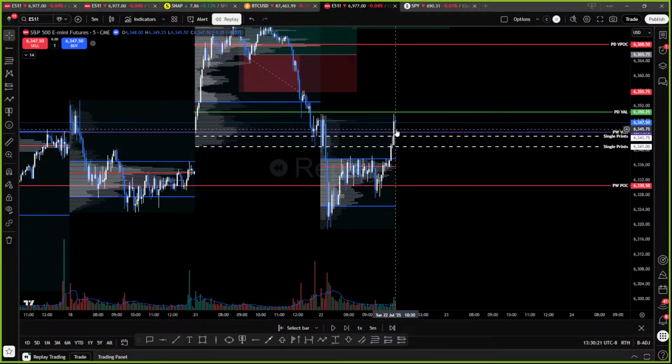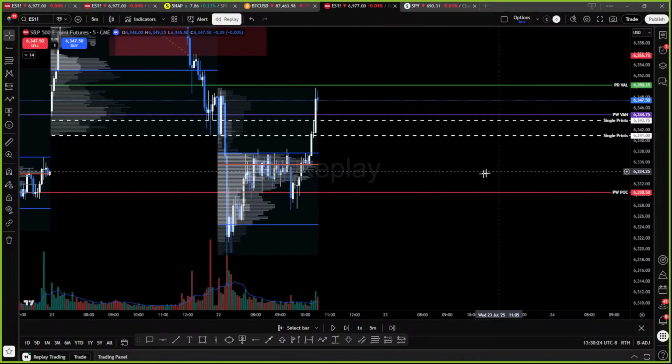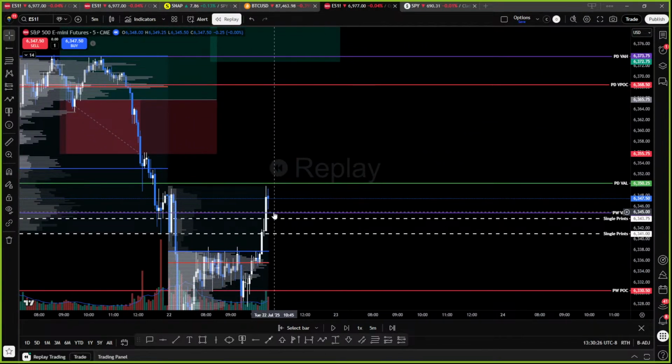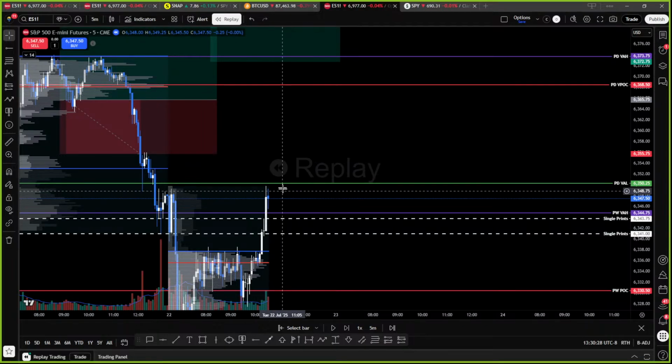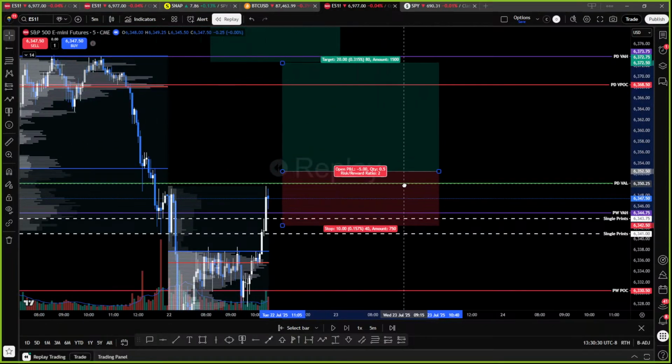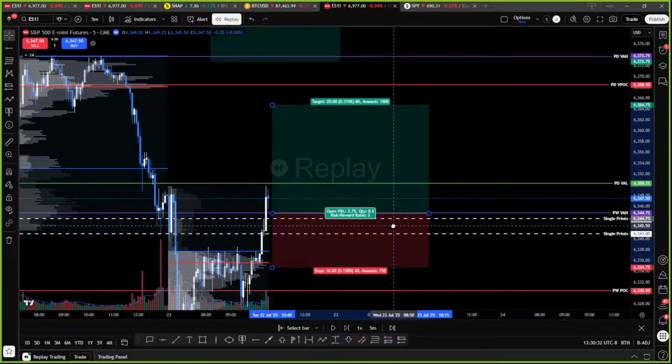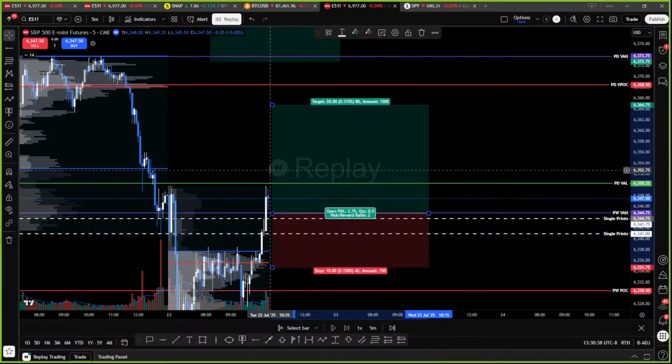Okay, so now we'll be looking for a long on a retest of previous week value area high, assuming we get 3 5-minute candles above, right? The reason I'm doing this is I start planning my trade as soon as we break above a level, or as soon as we break below a level. JC, I did get pretty frustrated, honestly.